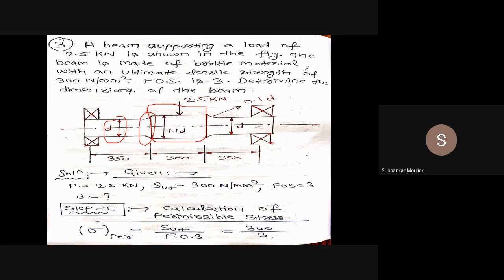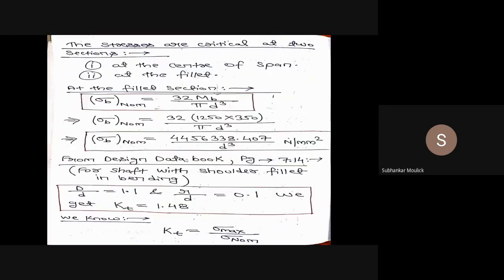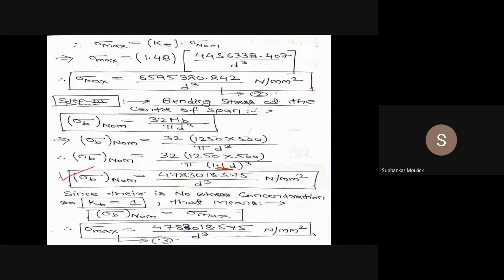If there is no stress concentration, value of KT will be what? It will be 1. If the value of KT is 1, then sigma max will be equal to nominal bending stress. Yes or no? Yes, sir. Fine. So there will be no stress concentration.